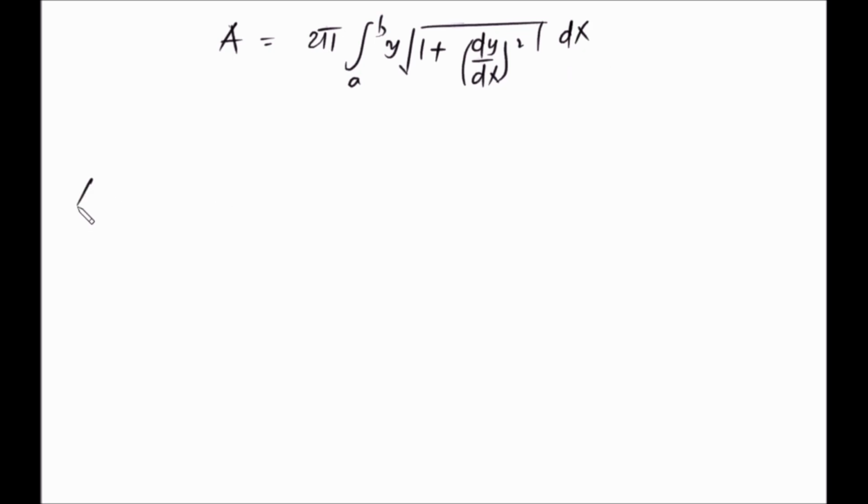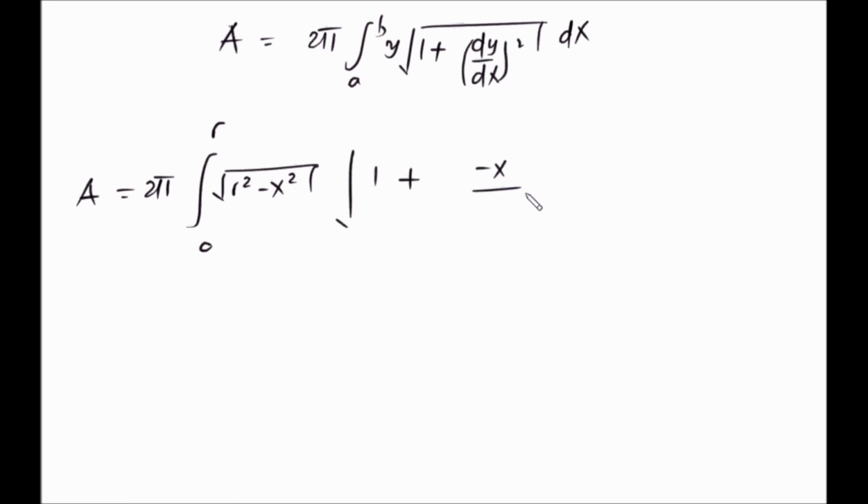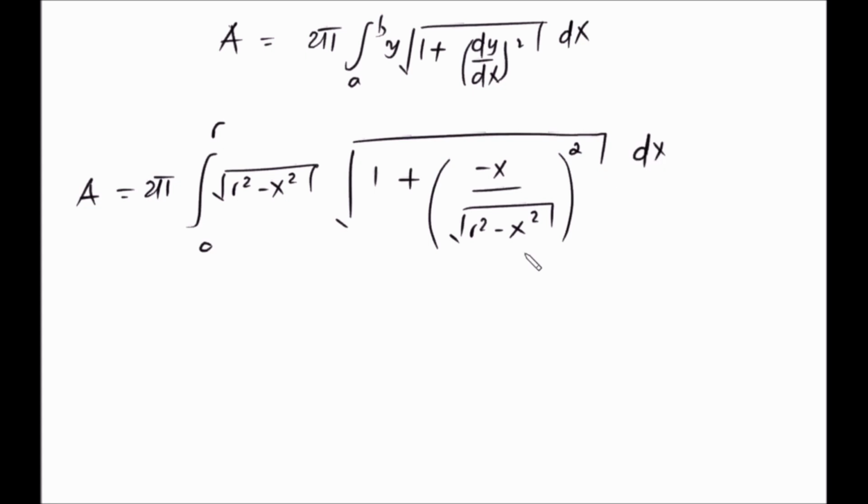Kwa hiyo tupachike, area itakuwa ni 2 pi, so from 0 to r, y tusema sasa na r squared minus x squared under root. So times under root here 1 plus, so hapa tuna negative x over the square root of r squared minus x squared. Hii ndio ilikuwa dy dx. So hii yote squared with respect to x.